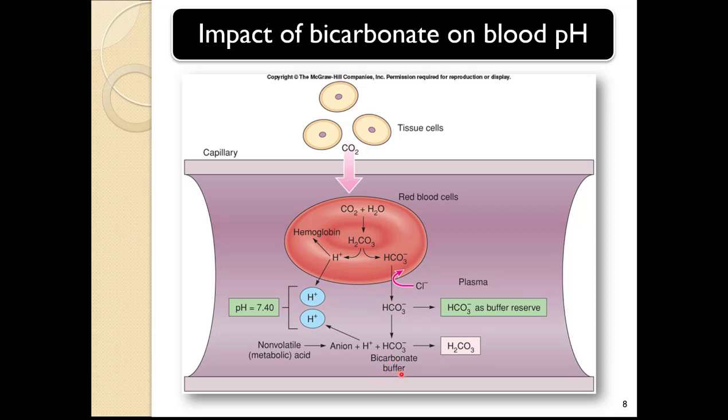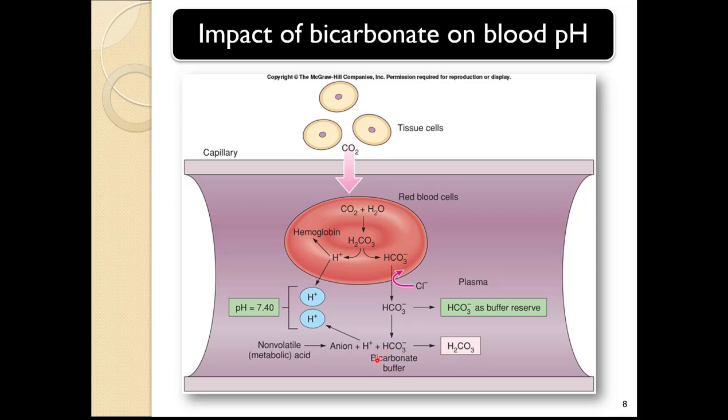Now, the bicarbonate is going to buffer metabolic acids that are being created. So, for instance, when you burn fats, you wind up making ketones, and ketones are non-volatile metabolic acids. They basically become anions. They pop off one of their hydrogens, and because of that, that increases the amount of acid that's in the blood.